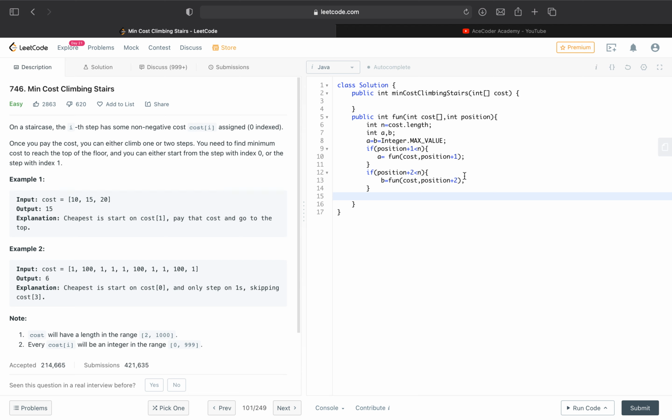Here we have not included the prices, I forgot that. We also have to include the cost of this particular position. I'll explain why we are doing this.